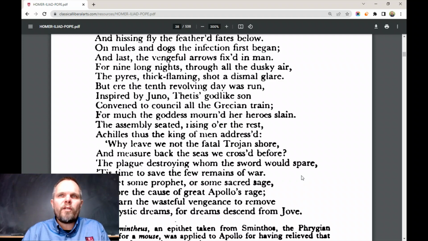And so far we read the introduction where Homer invokes the muse to inspire him as a poet and sing through him the history of the wrath of Achilles and the suffering of the Greeks as Apollo avenges his priest who was disrespected by Agamemnon, the king of the Greeks. So I hope that's helpful.